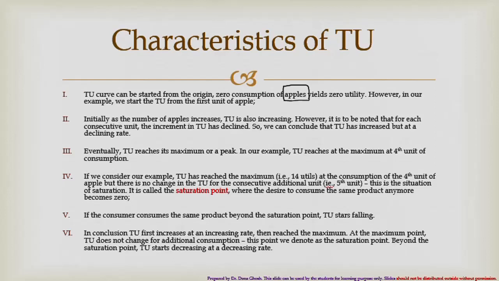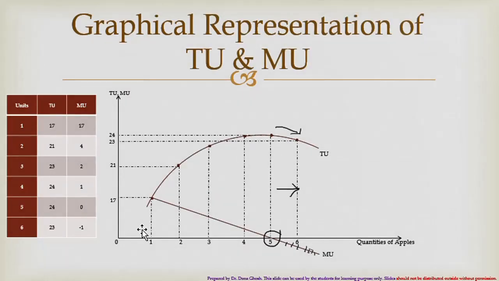Here I need to mention that in this graph I started from the first unit, but in some books you will find that the total utility curve starts from the origin, from zero. We can start this total utility curve from zero as well, because when the consumer is not consuming any unit of the commodity, then definitely total utility is zero.